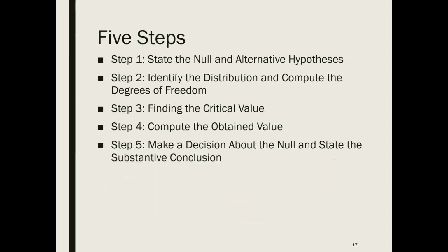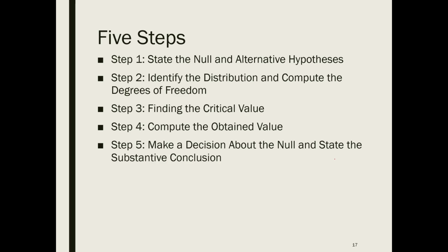So let's run the traditional 5 steps for this t-test hypothesis. Again, the 5 steps are the same. The basic process is the same, just like the chi-square test we mentioned in the previous PowerPoints. State the null and alternative hypotheses, identify the distribution.